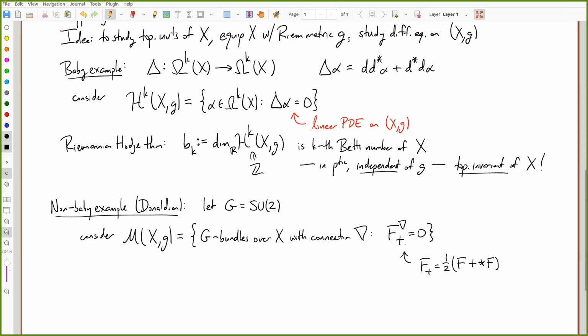So this doesn't say the connection is flat, it's weaker than that, but it says that it's kind of half flat, half of the curvature is. Connections with that property are sometimes called Yang-Mills instantons. And this is not a linear space.